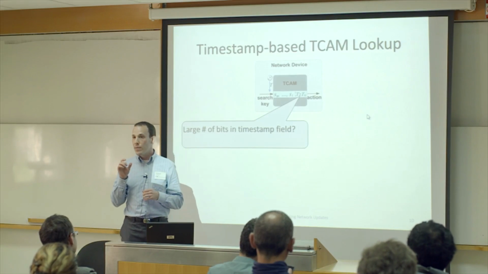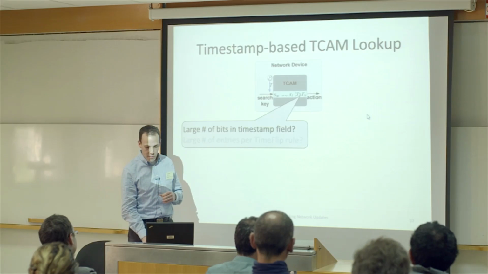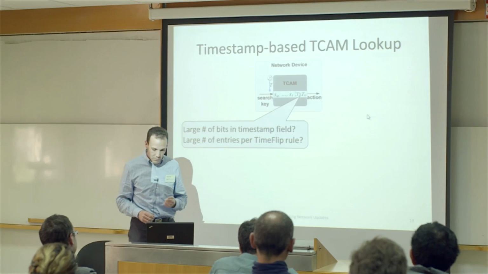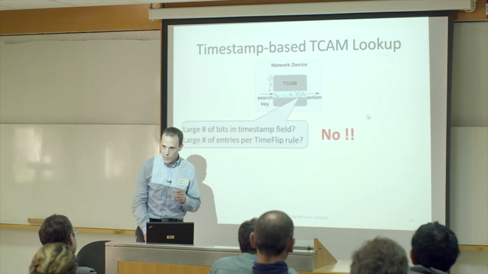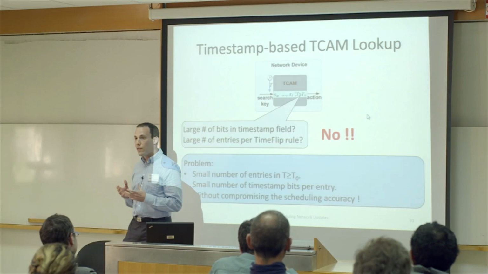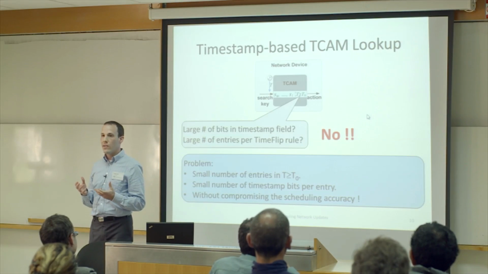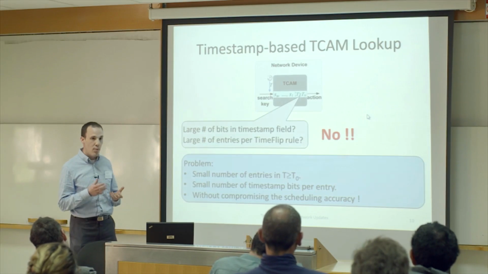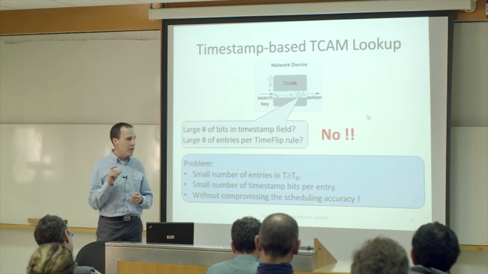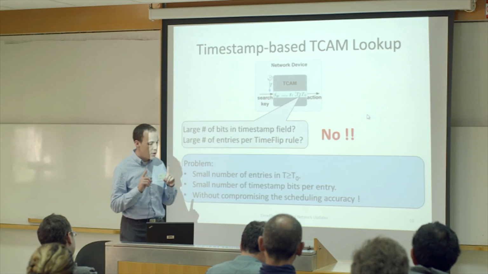And if we want to implement a time range, we need a large number of TCAM entries to implement each time flip? The answer is no. And one of the main goals in this paper is to show that a time flip can be represented efficiently using a small number of TCAM entries and a small number of bits in the timestamp field without compromising the scheduling accuracy.